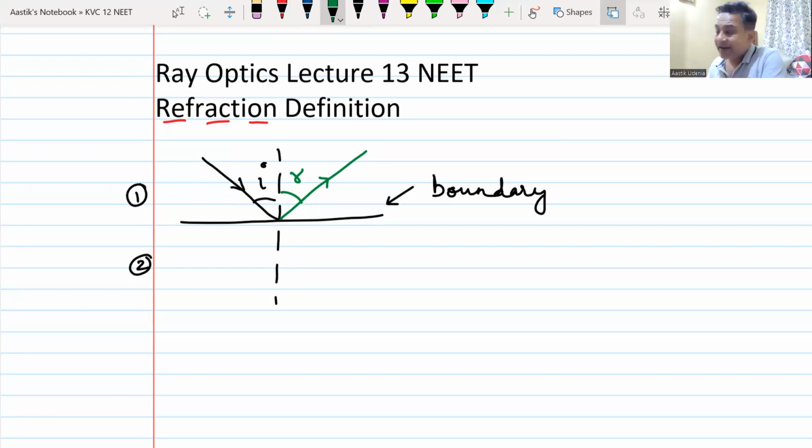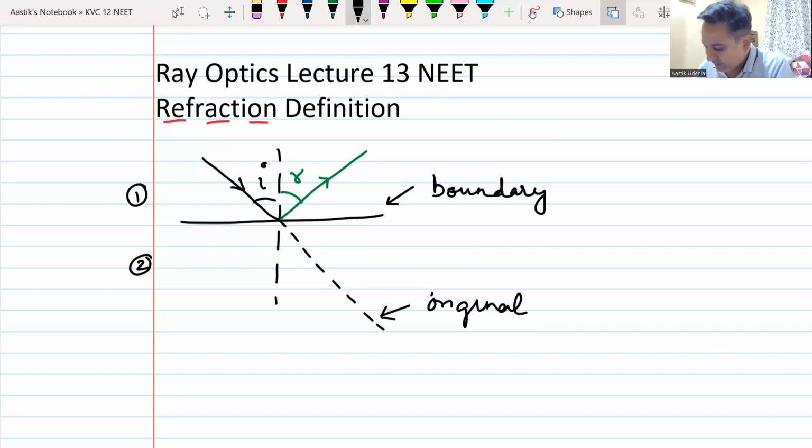Now, what do you mean by it bends? Now, this is the original light ray. Do you see this original light ray? Going like this. Now, as you can see, this is the original path which I have drawn. This is my normal. Do you see my normal? Normal is your perpendicular drawn. Now, this is the original path.